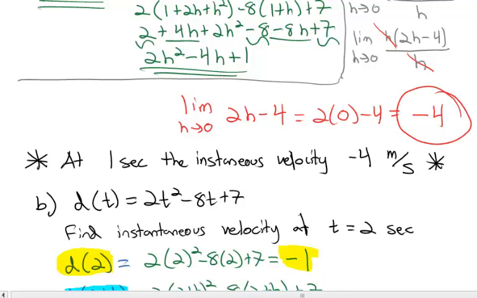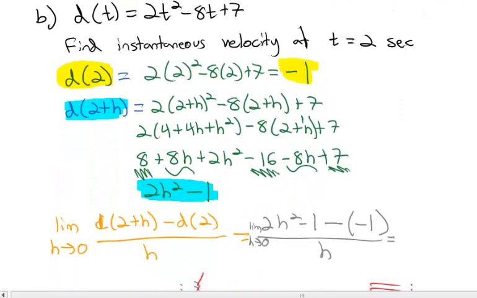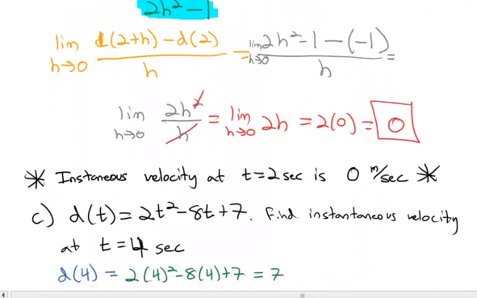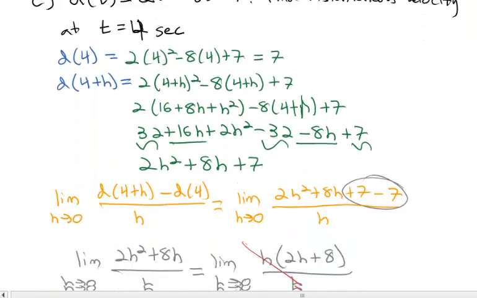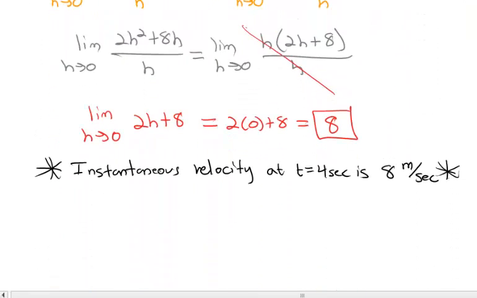So it was coming closer at 4 meters per second. Then by 2 seconds, it had stopped. And then by 4 seconds, it was running away at 8 meters per second. Instantaneous velocity tells us how it's changing at each moment instantaneously.